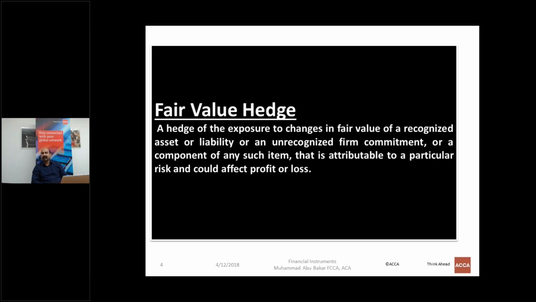As I mentioned, manufacturers of different products, and similarly exporters and importers, who have to pay in foreign currency or who have to receive money in foreign currency, generally face different types of risk. So they use these techniques to protect themselves. But the majority, you are very right, use it for gambling purposes.